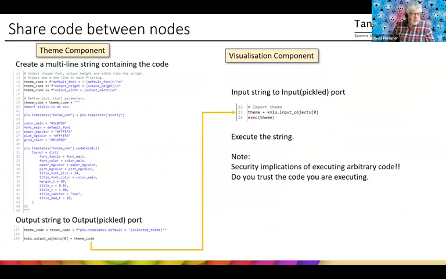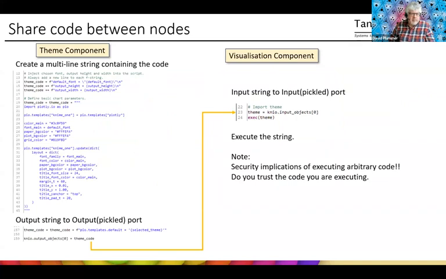To be able to do that, we can't actually pass code directly from one component to another. So what we have to do is store the code in a string. Here I've created a string called theme code and built up the code as a string within the theme component. That string is then output on the pickled node, and the data is then passed into the visualization component.